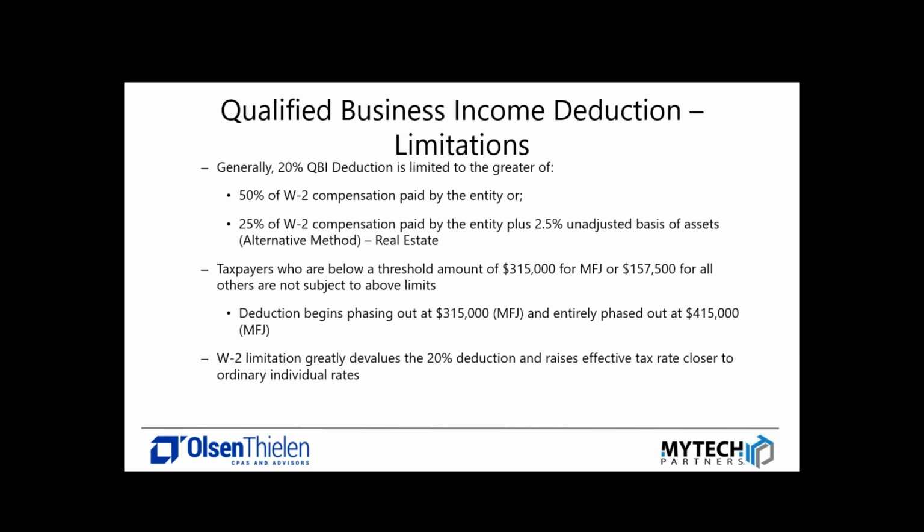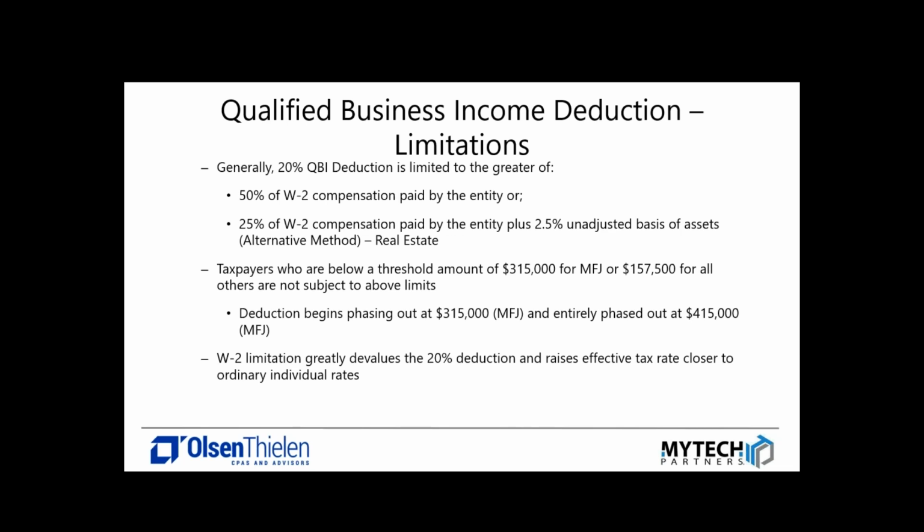And again, the whole policy incentive was to grow the wage base, spur spending and investment in the United States. So this kind of limitation, making sure that you are following those initiatives, you've got to follow those initiatives to get the deduction, is kind of the 10,000-foot view of it.